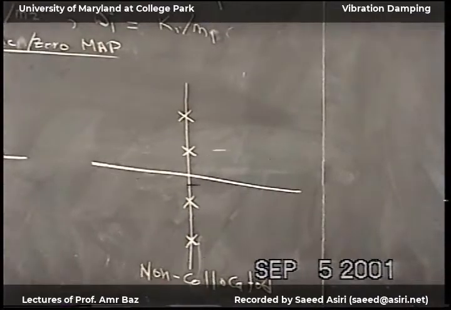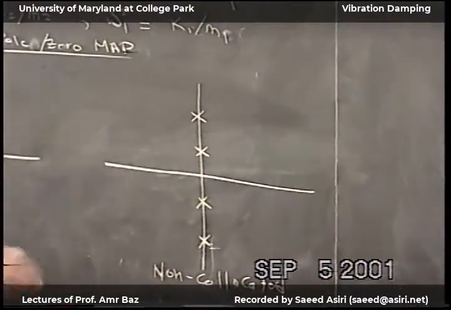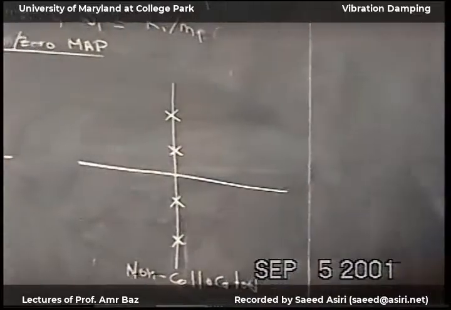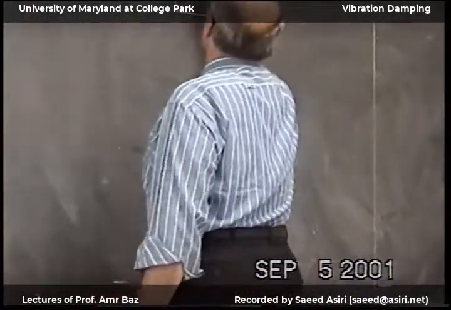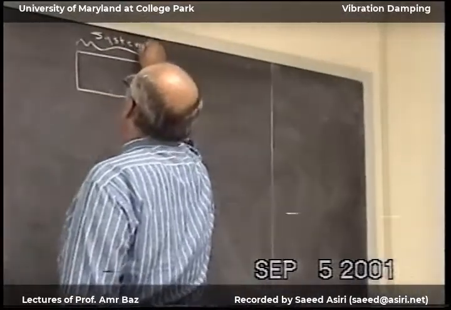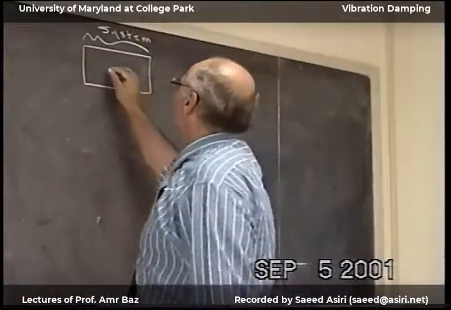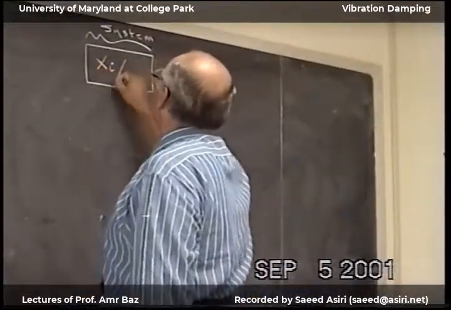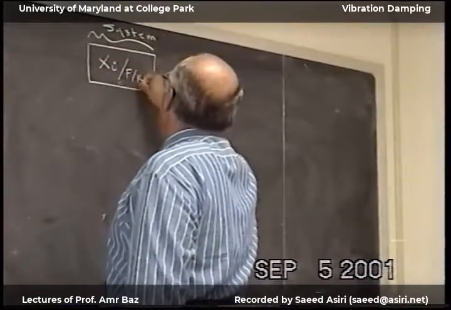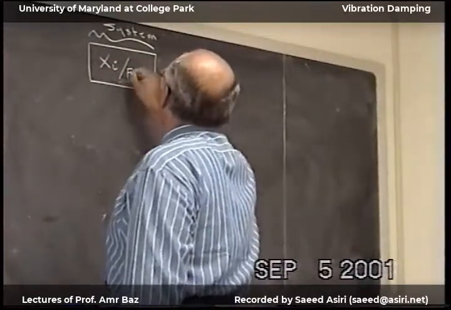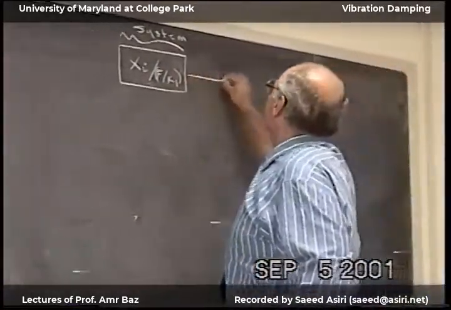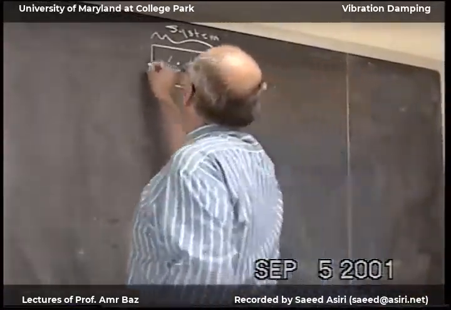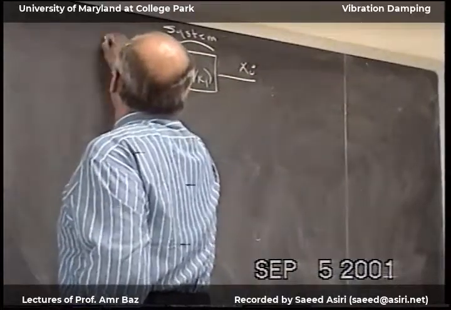And then at the end of the lecture, we said now I'm going to take the transfer function of the system, and this in general is xi divided by f over k1. I measure here xi and I put here the force.